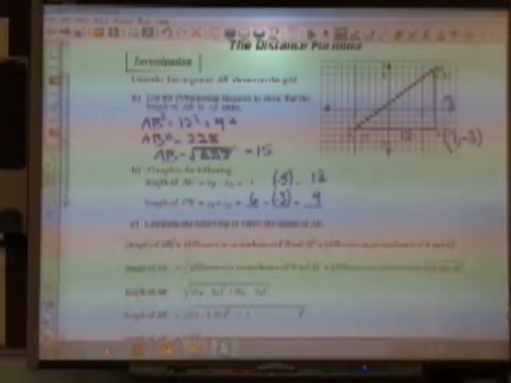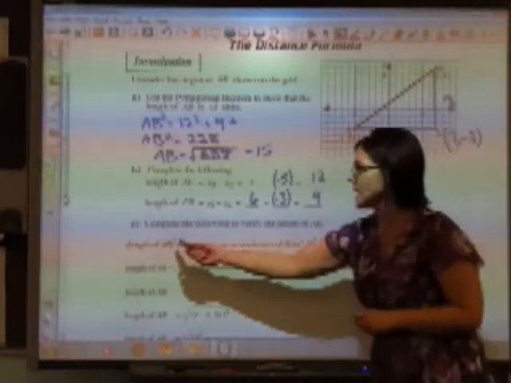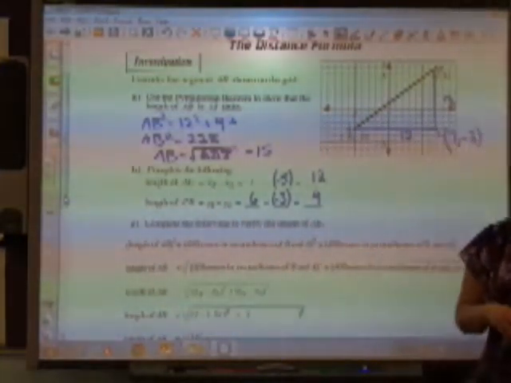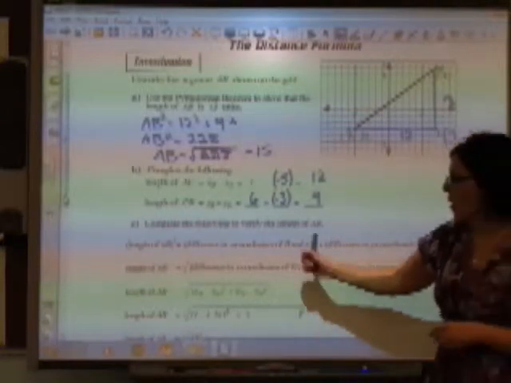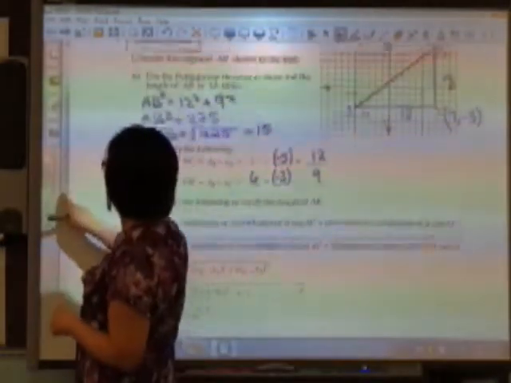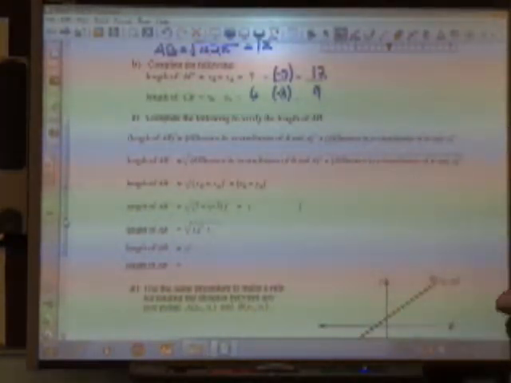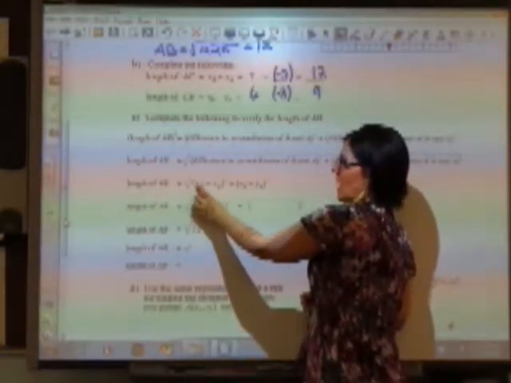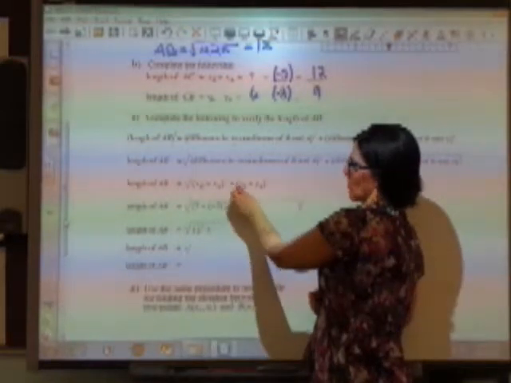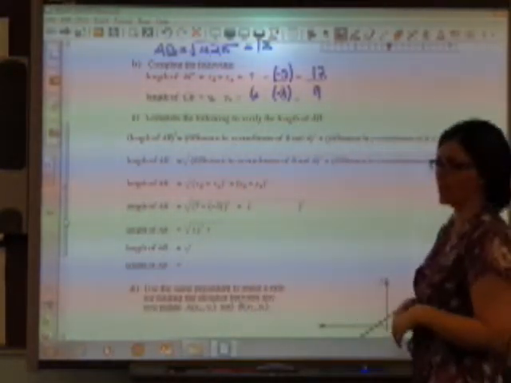So the difference in the x coordinates squared plus the difference in the y coordinates squared gives me the length of AB squared. So what we do is instead of writing difference in x coordinates, difference in y coordinates, we put it in xb minus xa squared plus yb minus ya squared.